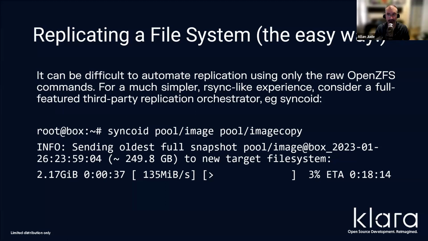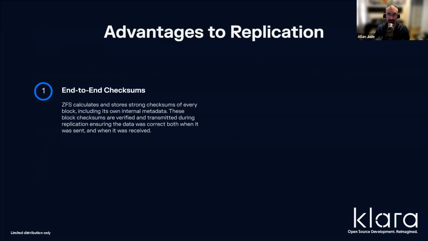Yep. So now let's take a look at a couple of the other advantages we haven't really talked about with ZFS replication. The first is end-to-end checksums. As we know, ZFS stores a checksum for every block that it writes to disk, including its own internal metadata. What's nice about ZFS replication is that we use this checksum all throughout replication.